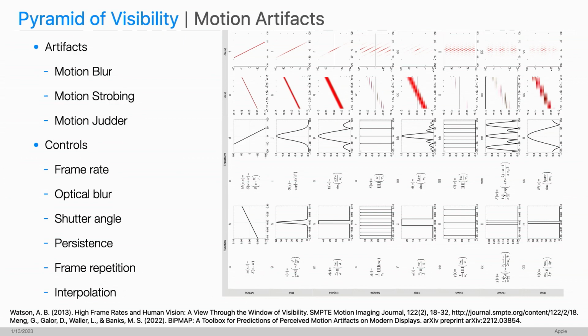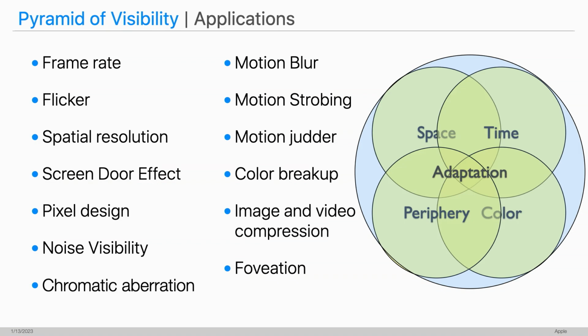All right. I'd like to wrap it up at this point and just kind of remind you of where we've been, what we've done. We have this tool, and these are some of the applications that it can be applied to. I've talked about some of these, but there are many others as well. Things like image and video compression and foveation and flicker and what resolution you need to display.